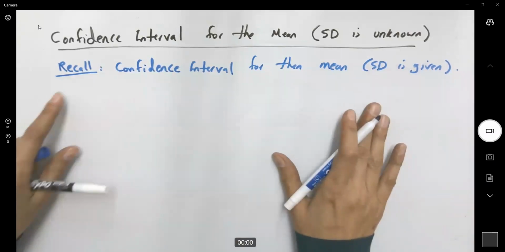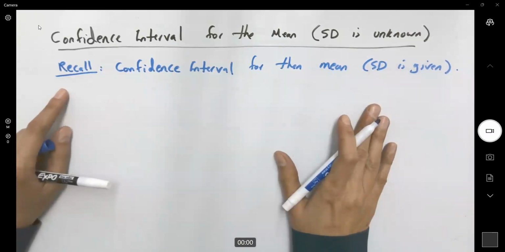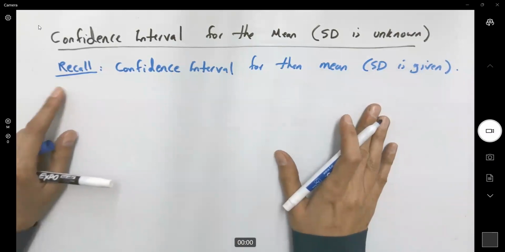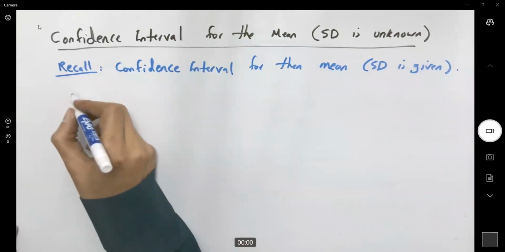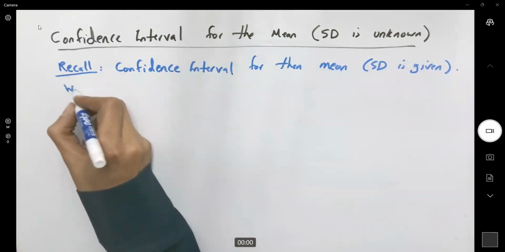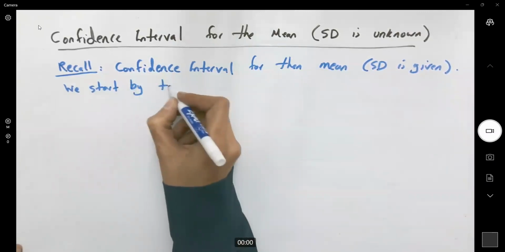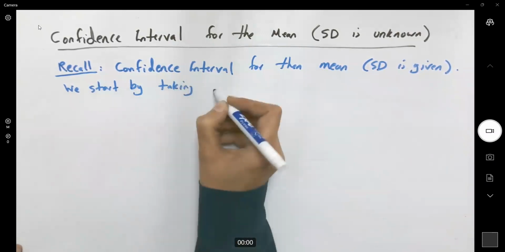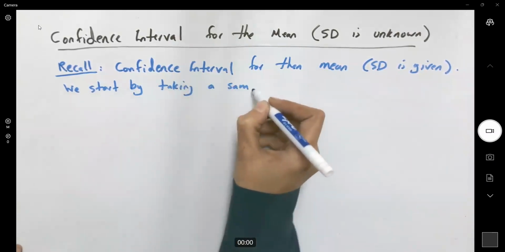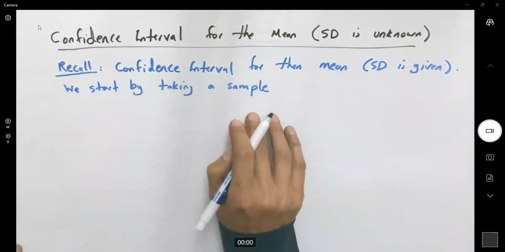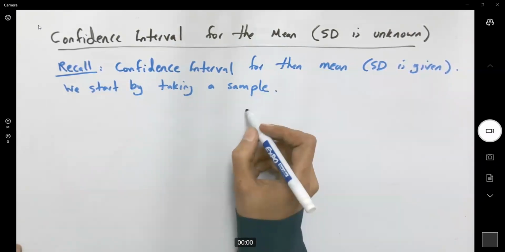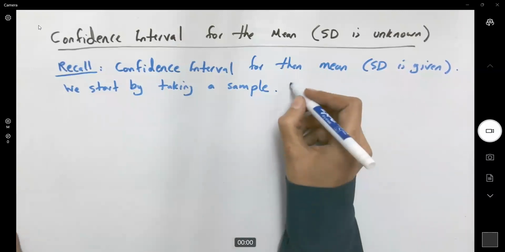Well, in that case, if you remember, the very first step was to take a sample. We start by taking a sample. From that sample, we find the best point estimate.